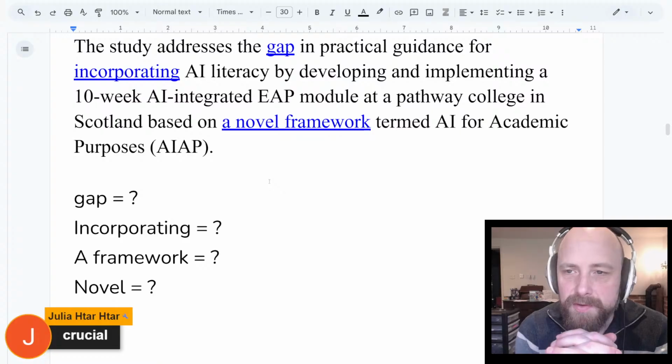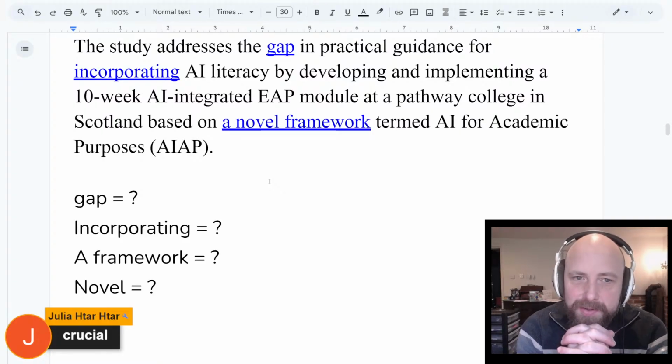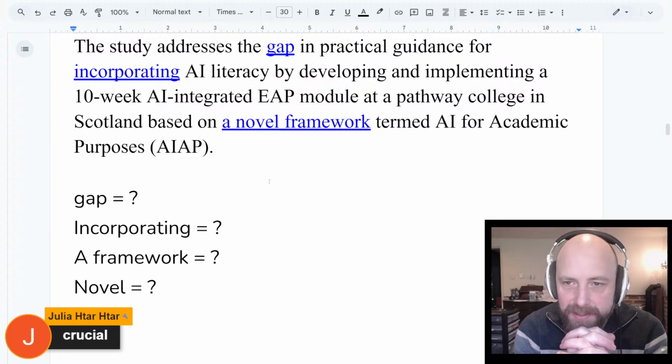The study addresses the gap in practical guidance for incorporating AI literacy by developing and implementing a 10-week AI integrated EAP module at a pathway college in Scotland based on a novel framework termed AI for academic purposes.